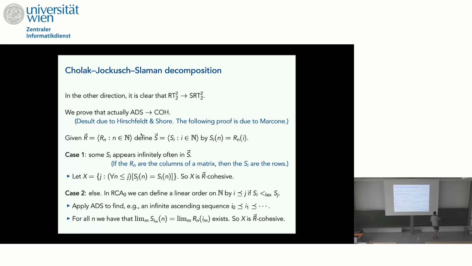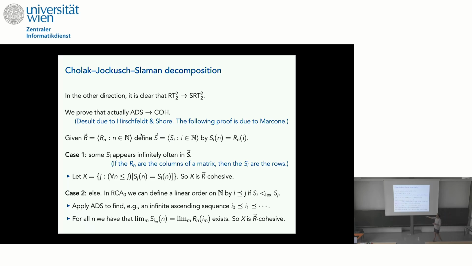And the point is that now I can just take an infinite ascending sequence for this using ADS. And the key is, okay, so I have this, which is lexicographically less than this, is lexicographically less than this, right? Well, all of these bits come to a limit, right? Lexicographic order in this first position, either it stays at 0 or eventually it switches to 1, and then it's a 1, right? And that happens at every single position.